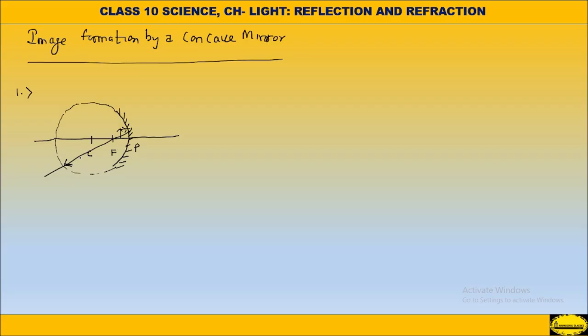Another ray of light, which is passing through the center of curvature, touching the head of the object, after reflection reverts back on the same path. Now, if these two rays extend further, they appear to meet somewhere behind the mirror.